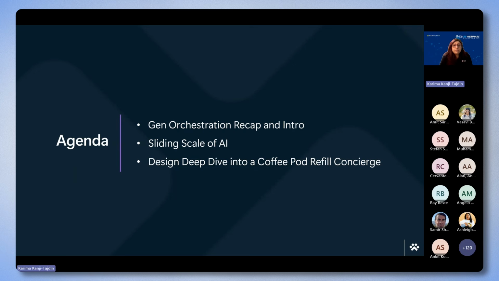So I'm going to start with doing a little bit of an intro on generative orchestration, and I'm going to do it from the point of view of how are we going to maximize the ROI of generative orchestration? Because we see the features, okay, but what do we do with them, and how much benefit are they going to bring us?